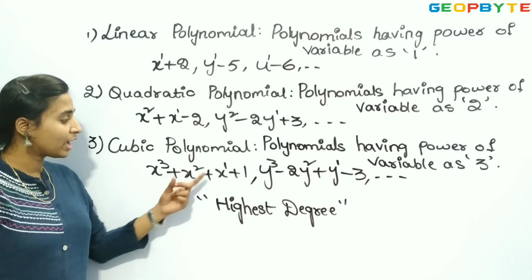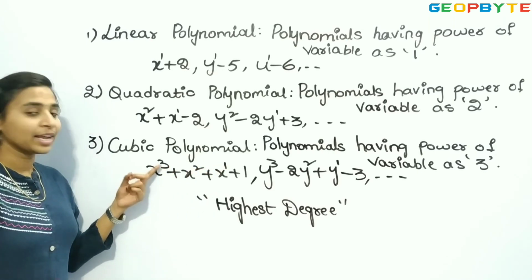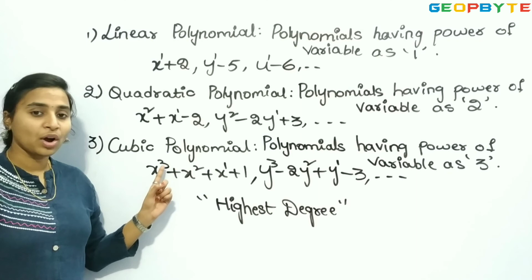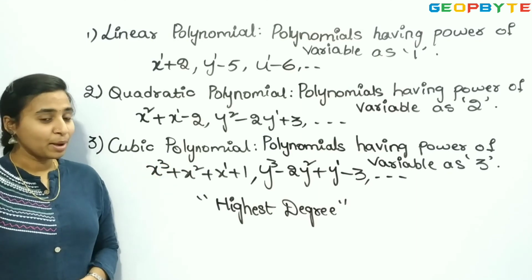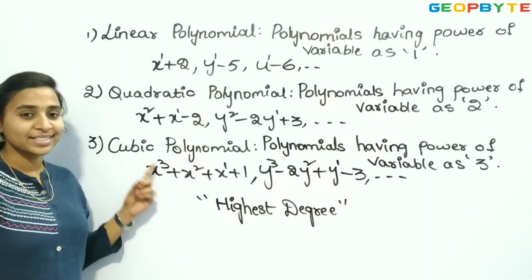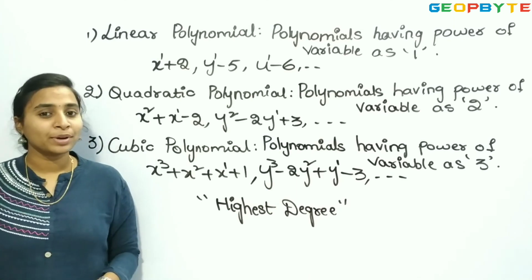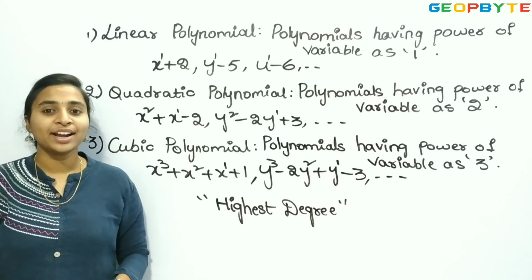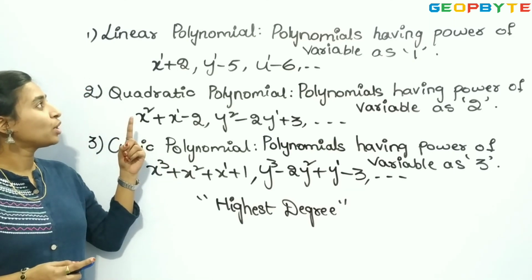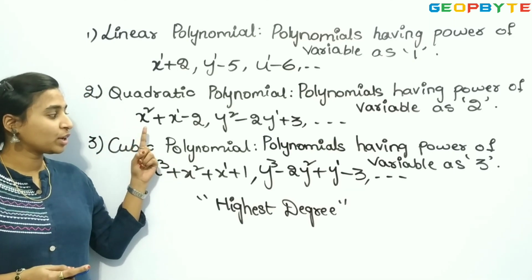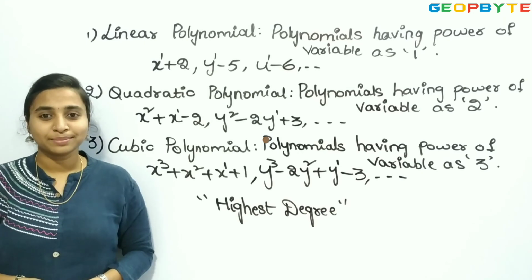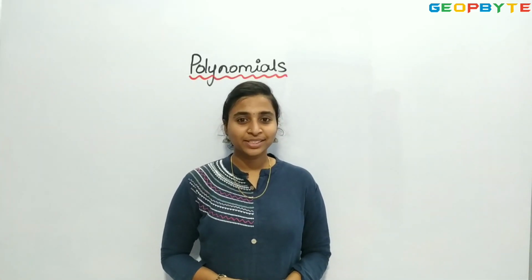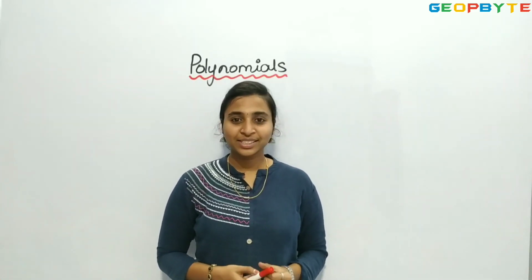Here also we have 1, 2, 3, but this polynomial is called a cubic polynomial because the highest degree is 3. So remember, check the highest degree of the polynomial and decide whether it is a linear, quadratic or cubic polynomial. The remaining topics will be covered in the next video.